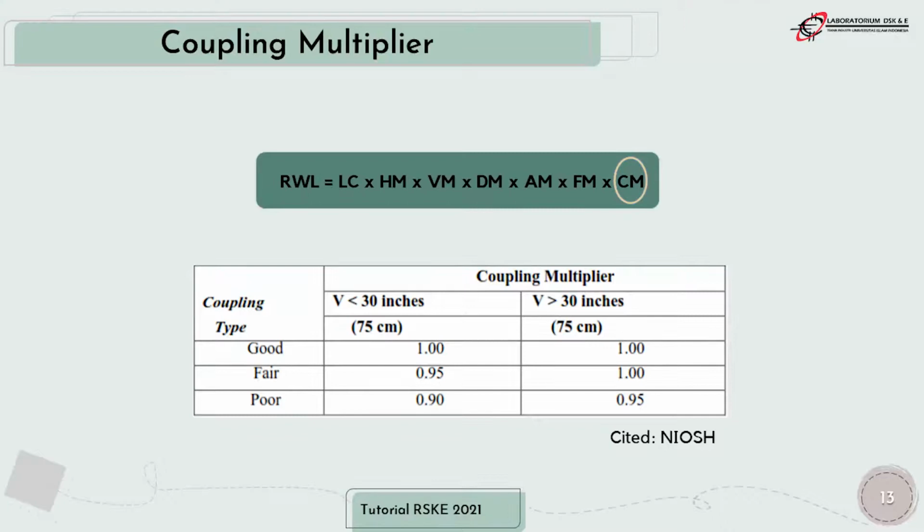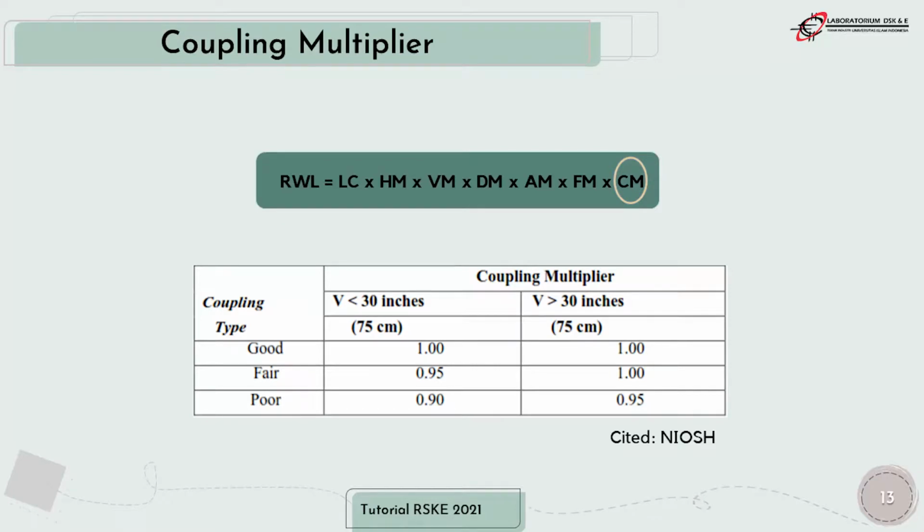Okay, now for the next variable to determine the RWL, there is a coupling multiplier. For this coupling multiplier, it will depend on the items you are going to lift. To determine it, we look at the type of coupling, whether the coupling of the item you are lifting is good, fair, or poor.